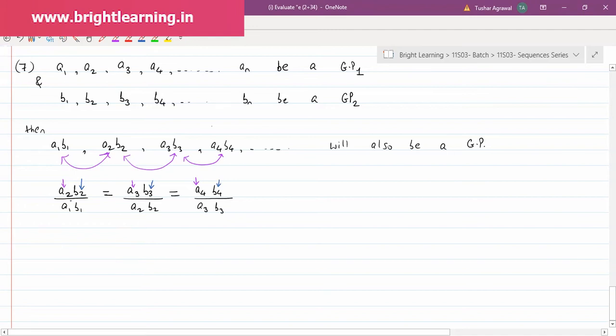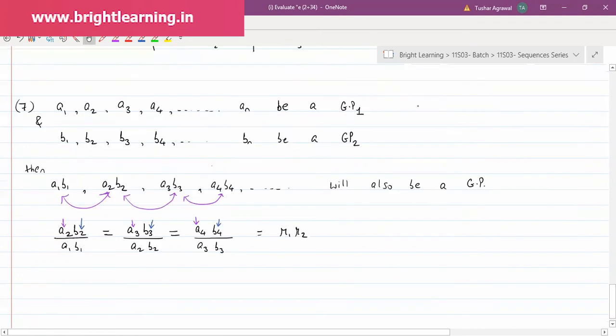Here the common ratio is R1, here the common ratio is R2, so the ratio here will automatically be R1 R2.